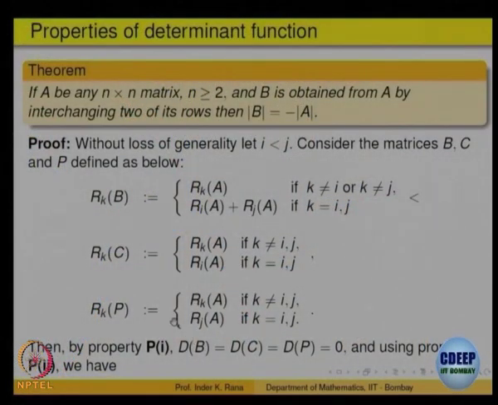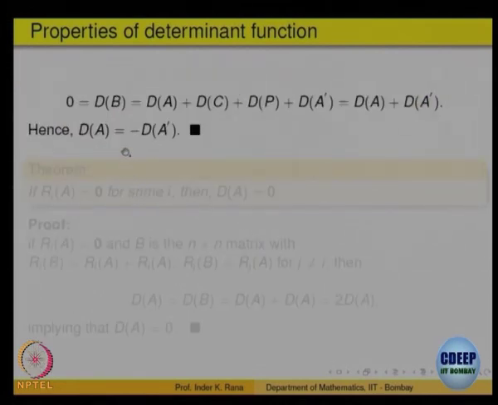Now, what is the relation between B, C and P and A? Let us compute that. There is a linear combination coming here, in the ith as well as the jth row. The ith row is Ri plus Rj of A, and the jth also is Ri plus Rj. So, use property 2, linearity. We will get the following: determinant of B, which is 0, is the same as determinant of A plus determinant of C plus determinant of P plus determinant of A dash.